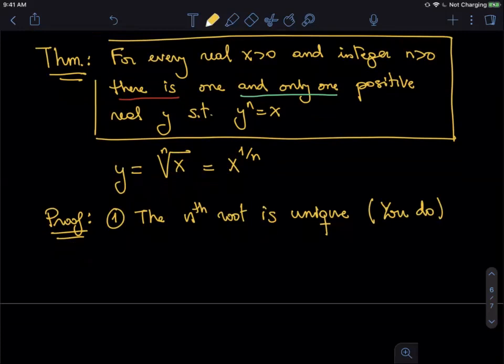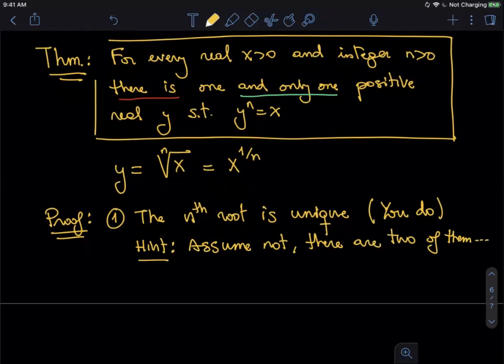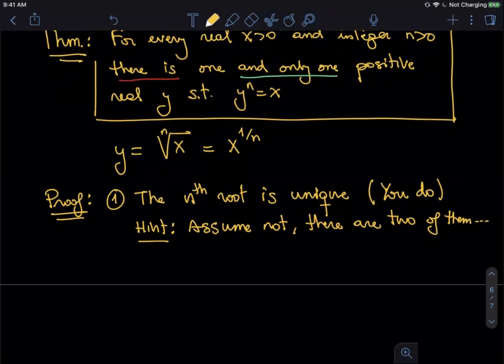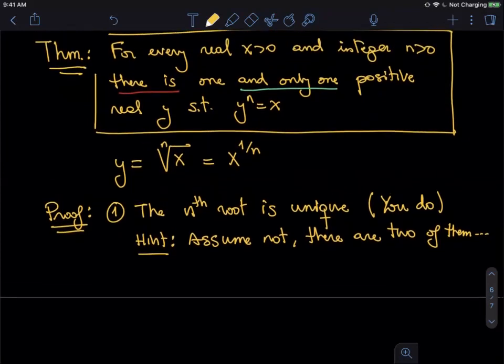Just keep in mind, whenever you want to show that something is unique, just assume it's not. That means that there are two of them, and see that that cannot be. All right, so that is out of the way. So then what is left is to show that actually there is one.